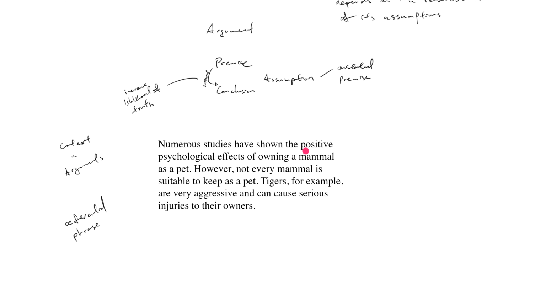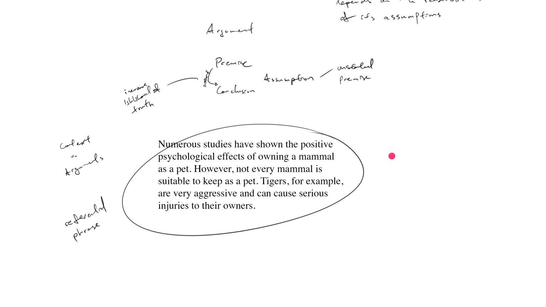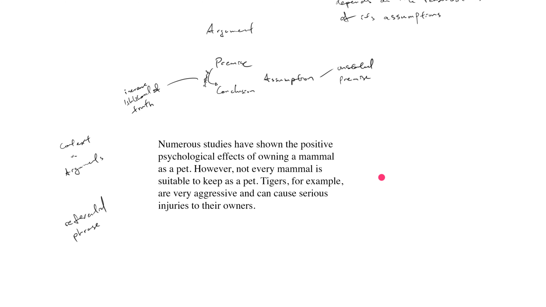Well, we talked about argument already, and you'll notice that this is a slightly modified version of the argument that we've been dealing with. Specifically, there's an additional sentence that precedes everything. It says numerous studies have shown the positive psychological effects of owning a mammal as a pet. However, not every mammal is suitable to keep as a pet, and the rest of it is the same.